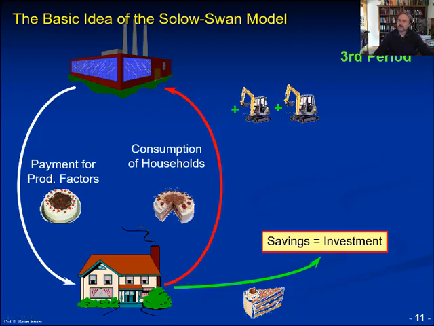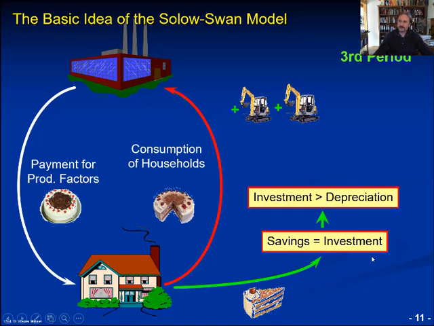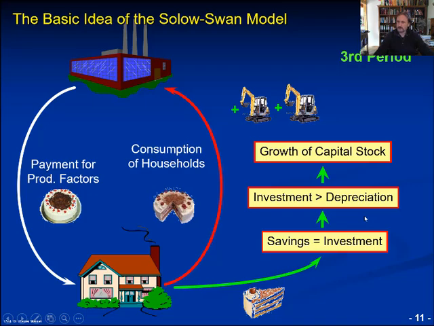The capital market interest rate adjusts in a way that savings equal investment, and if investment demand by firms is larger than depreciation of capital, the capital stock grows once again, and as a result we can add an additional treasure to our capital stock in this example.